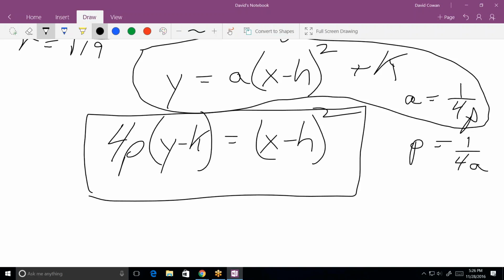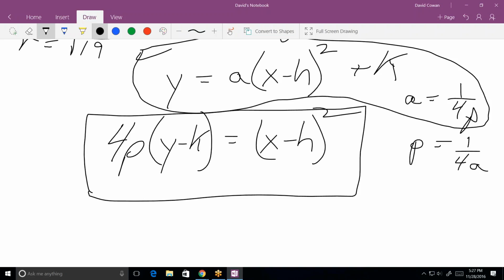And for years, I preferred this one. I thought it was rather silly that they spent 3 years teaching you a format and then immediately change it as soon as you get into conic sections. But you can see that as long as A is equal to 1 over 4P, how we go from the first one to the second one.